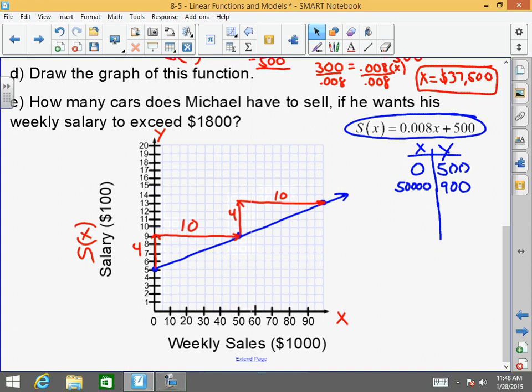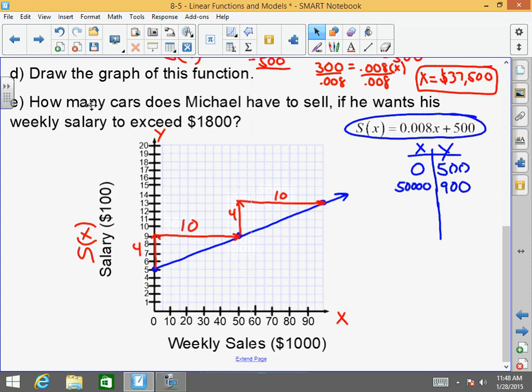And then E. How many cars does Michael have to sell if he wants his weekly salary to exceed $1,800. This was worded kind of incorrectly. It's not how many cars does he have to sell.